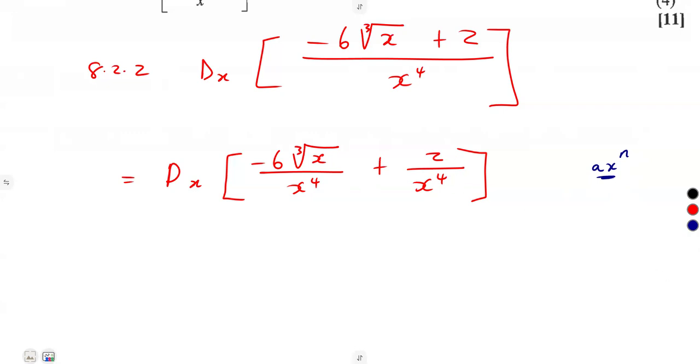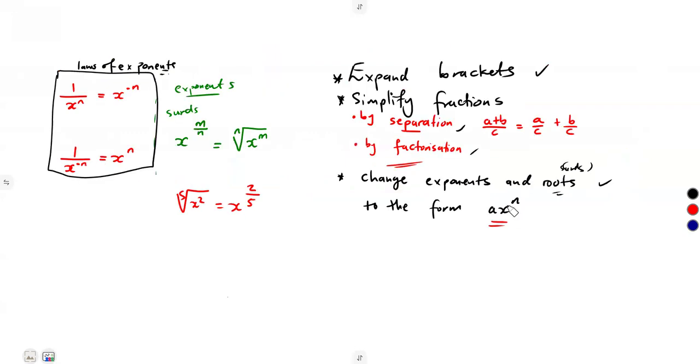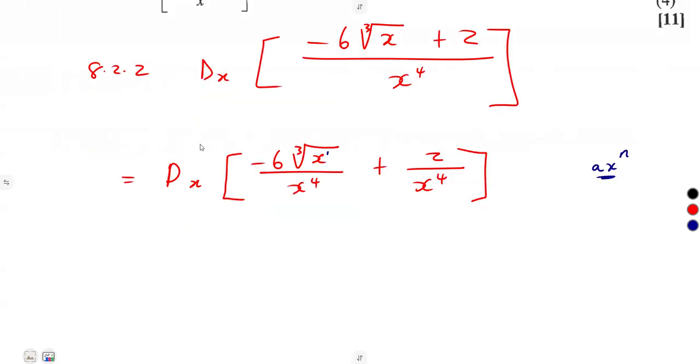Remember the cube root of x: we have discussed that if it is x to the exponent of m over n, it is taken from this. So the cube root of x is the same as x to the exponent of 1 over 3. The power is your numerator, and the number in the root is your denominator.